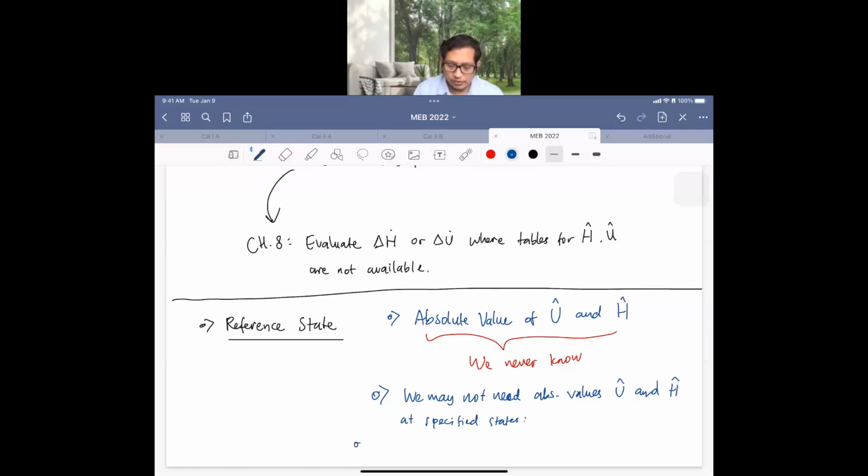What we need to know is the delta U and the delta H for a specified change of state.